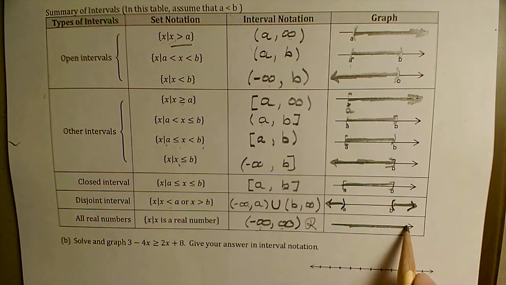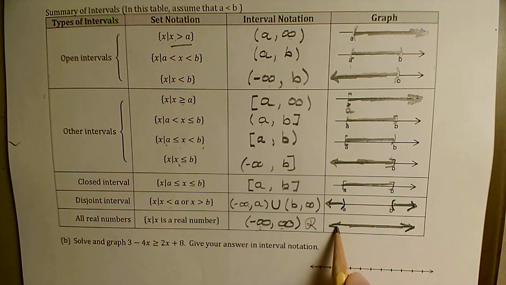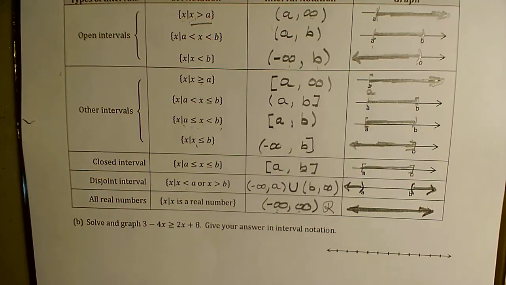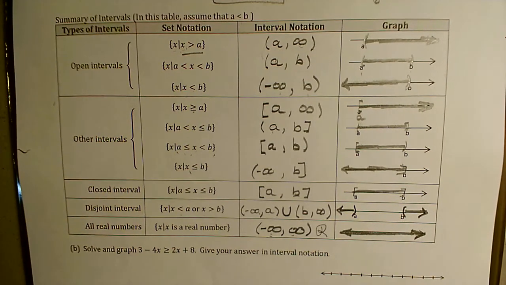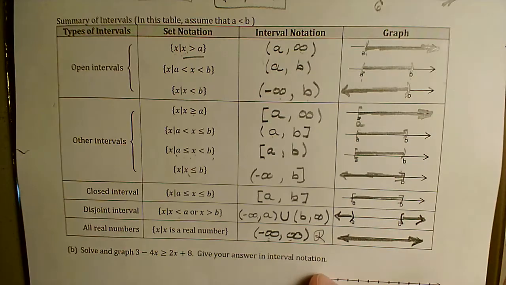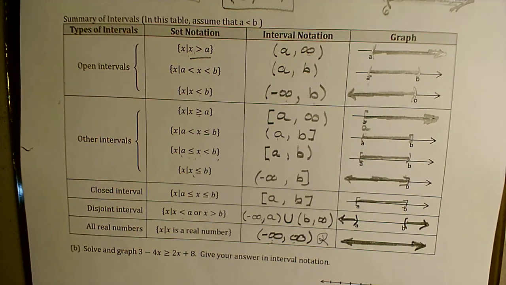And if I was going to graph that, I would just shade in the whole number line with arrows on either end. Okay. All right. So that's how the different solutions will look if they're written in interval notation.